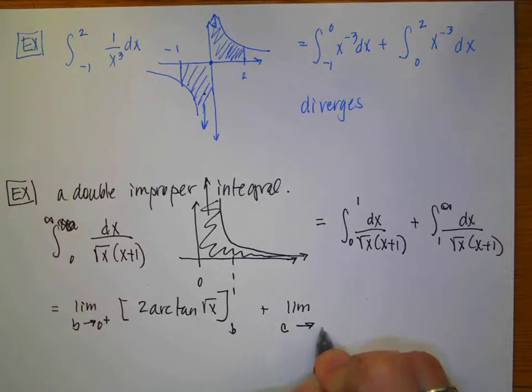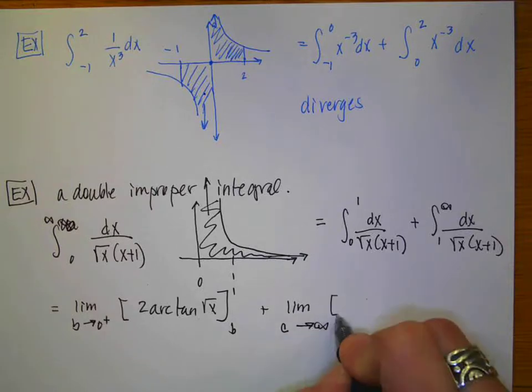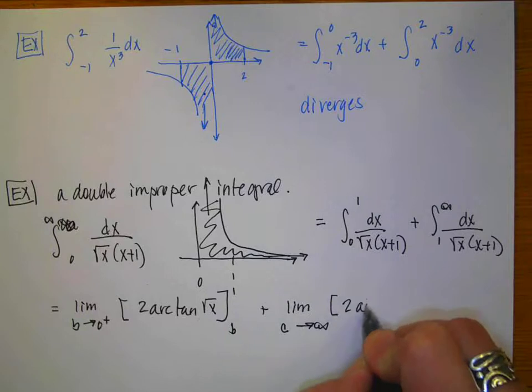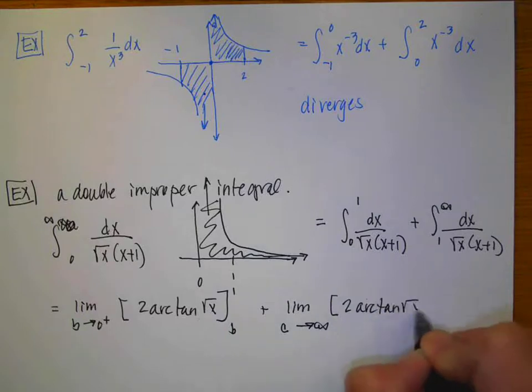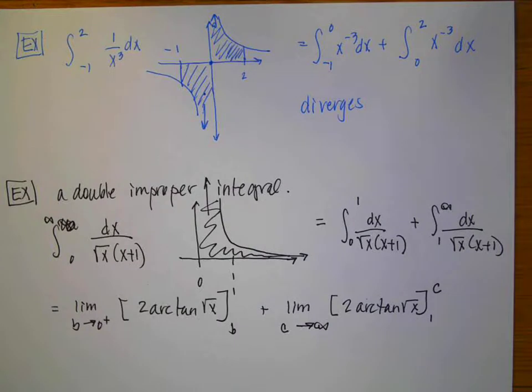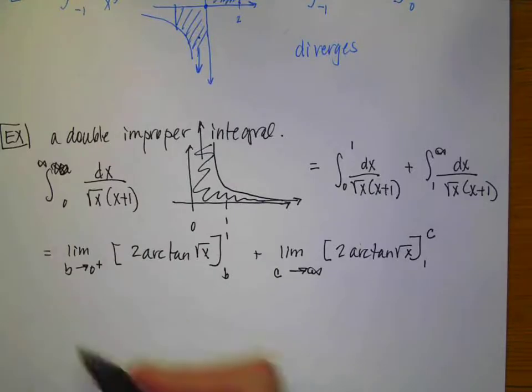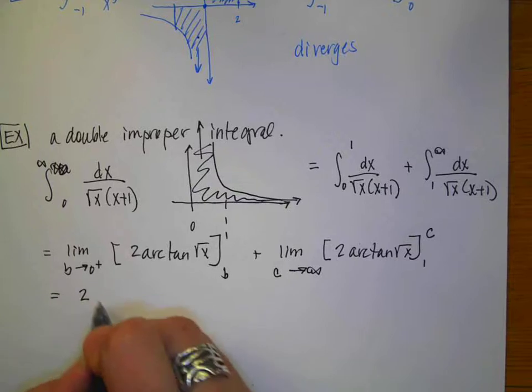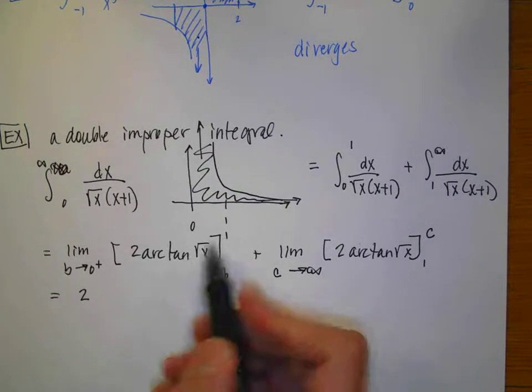And again, this point is arbitrary. I could have chosen a different point. Plus the limit as c goes to positive infinity, and then my integral is going to be 2 arctangent square root of x, and now I'm going to evaluate from 1 to c.